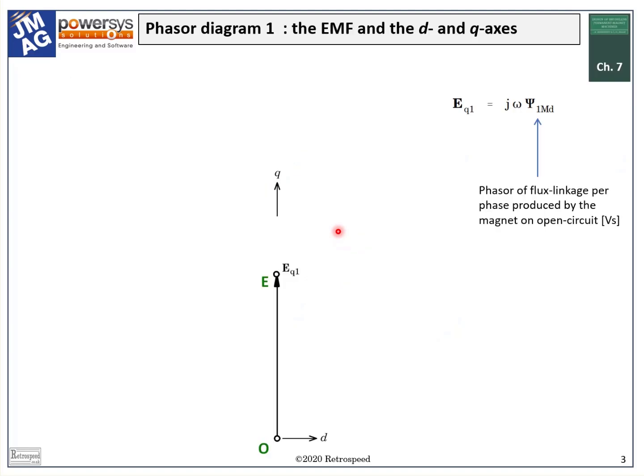Now, to start, let's construct the phasor diagram from scratch. The D-axis is laid out along the real axis of the complex plane, and the Q-axis along the imaginary axis. It's natural to associate the D-axis, or direct axis, with the open circuit flux of the magnet.